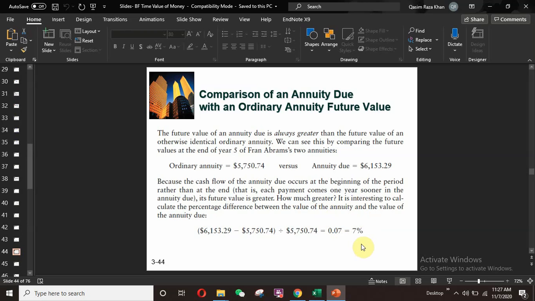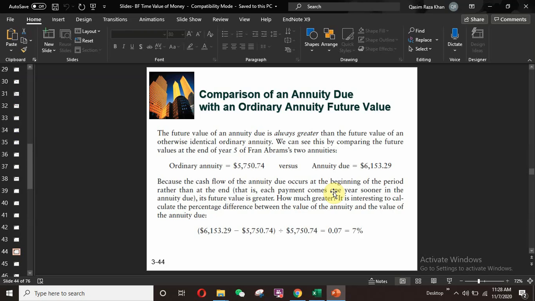So I'm generating 7% more return under the annuity due. So if you are interested in investing your money for the future, you should always go with the annuity due investment plan, because it will give you more future value compared to ordinary annuity, generating 7% more return on a similar investment plan.